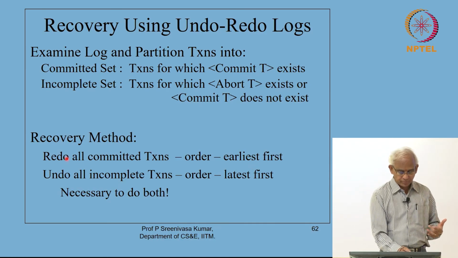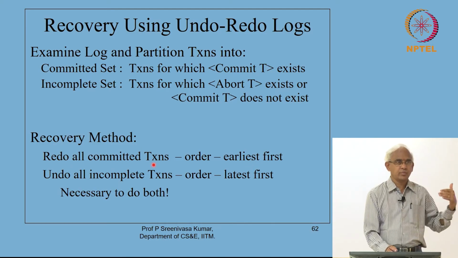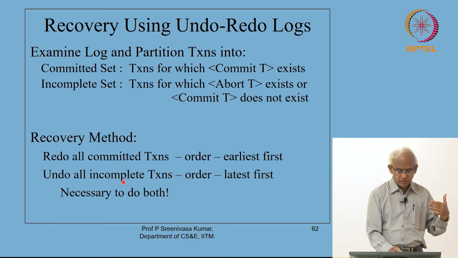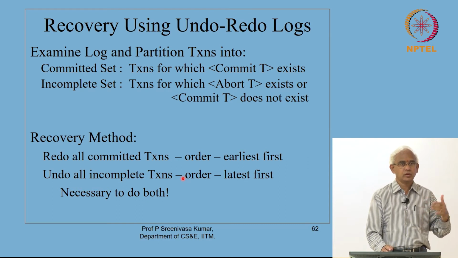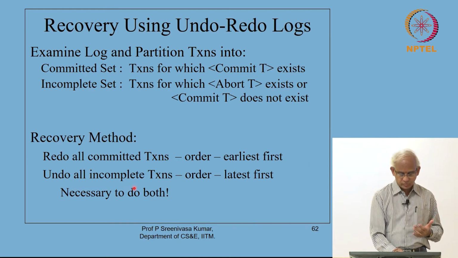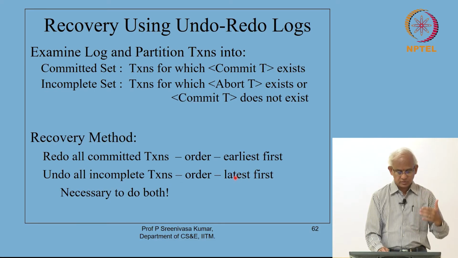So for the committed transactions, we do a redo step in the forward direction, and for all incomplete transactions, we will do an undo, latest first, and it's of course necessary to do both of them.